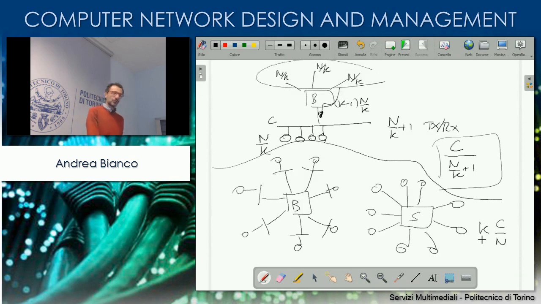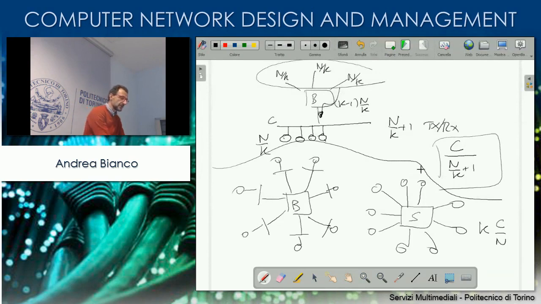Now, are we able to reach this limit? Again, it depends on how the traffic distributes. This node has a channel at speed C to reach the switch, but whether this C will translate into a real C depends on where this traffic is going to be.